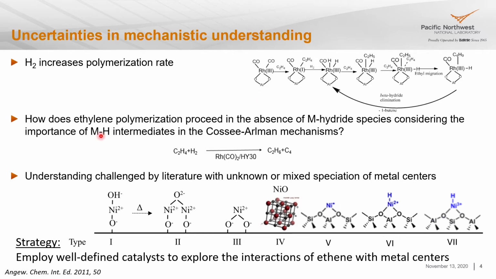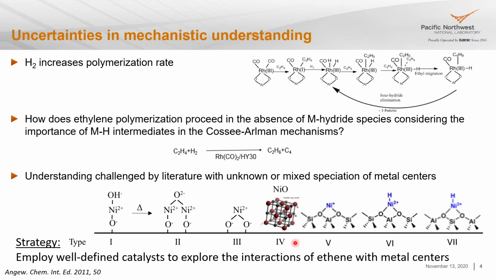Further, understanding this is complicated by a diverse pool of catalyst materials that have been reported in the literature. So, for example, for nickel, I have outlined 7 different species that have been proposed at one point or another.